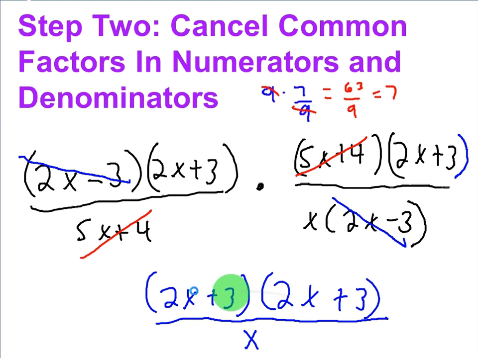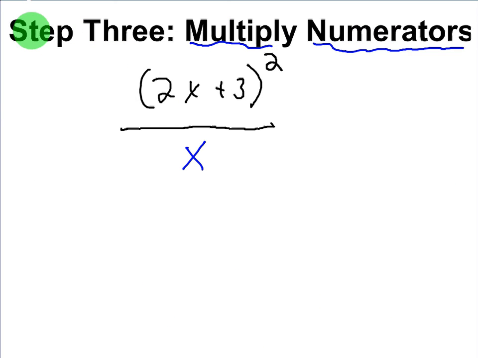So can anybody tell me, how would you simplify 2x plus 3 times 2x plus 3? I'll give you a hint. We will not FOIL it. What's another way of saying something times itself? Squared. So we're just going to write 2x plus 3 parentheses squared.